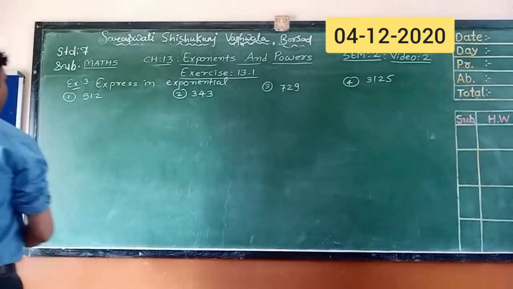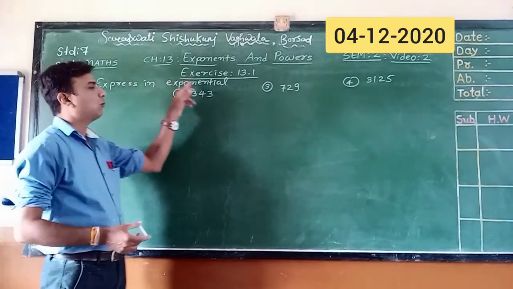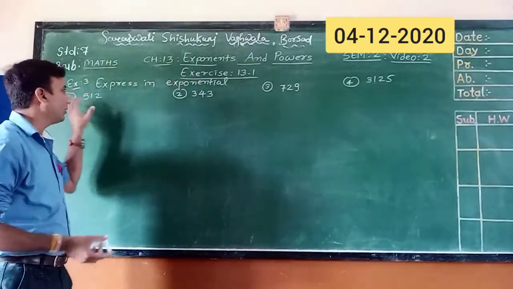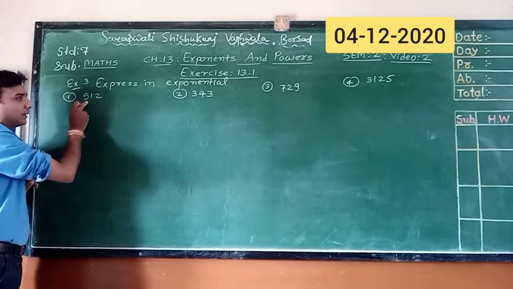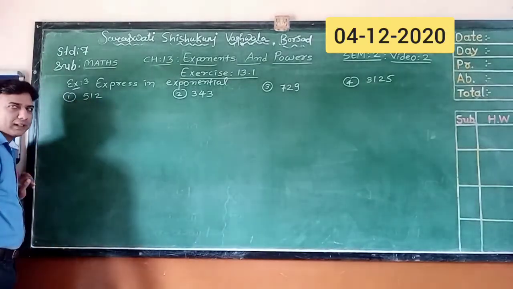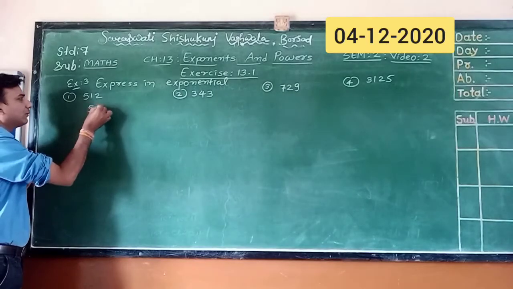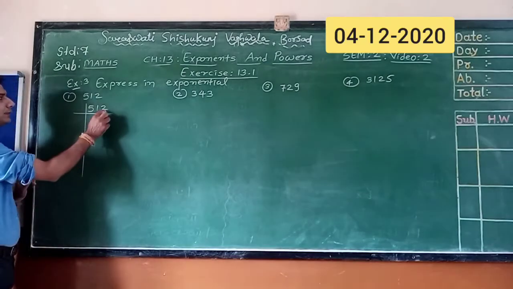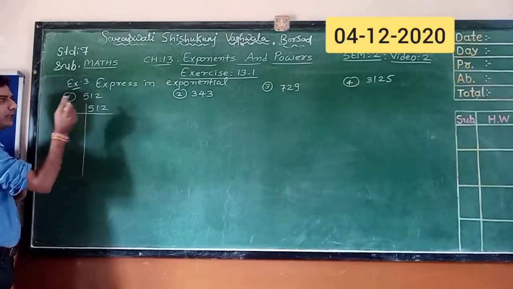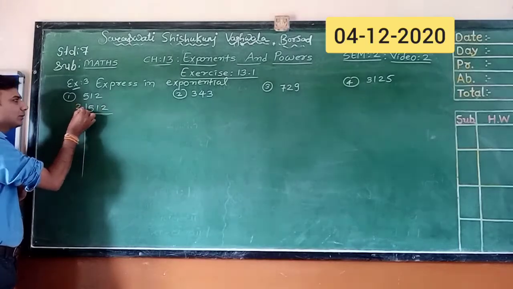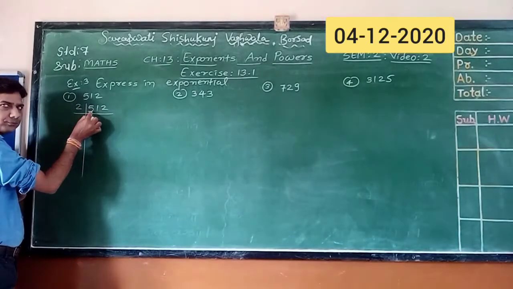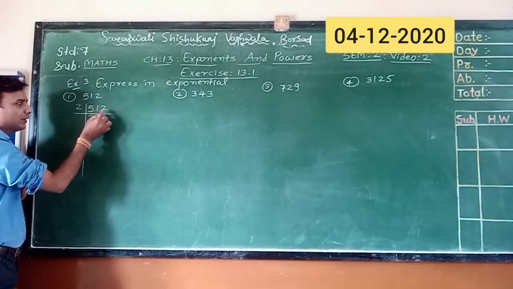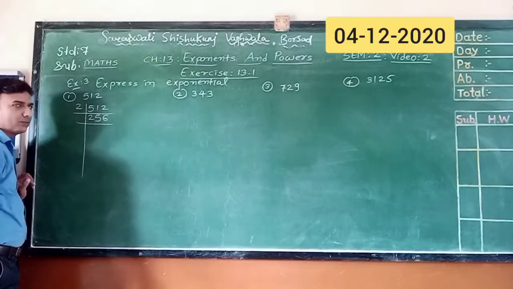In sum number 3, express in exponential form all of these numbers. First number is 512. First we have to make it into factors. The unit place digit is even, so we can divide by 2. 2 twos are 4, 1 remains, 11, 2 fives are 10, 1 remains, 12, 2 sixes are 12.